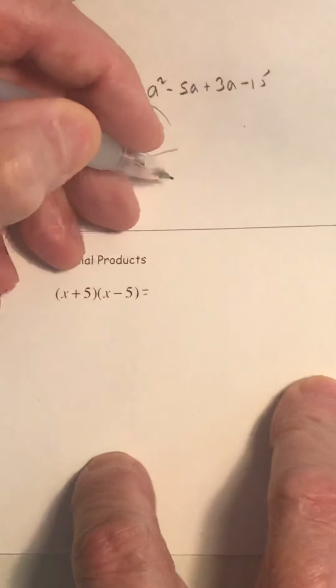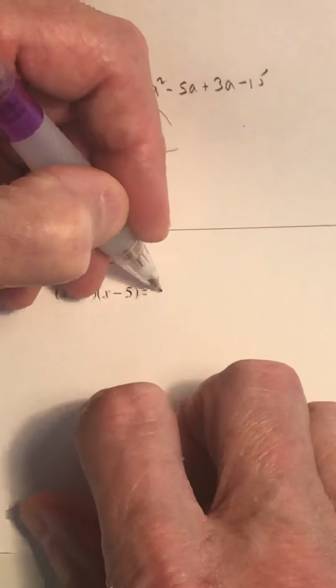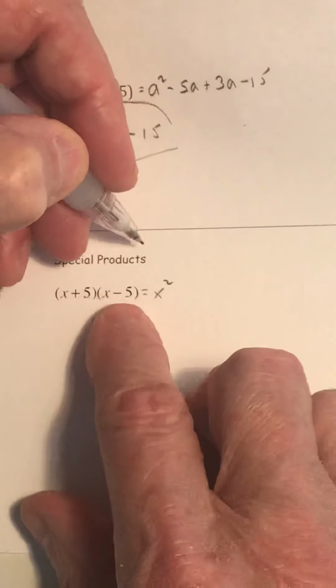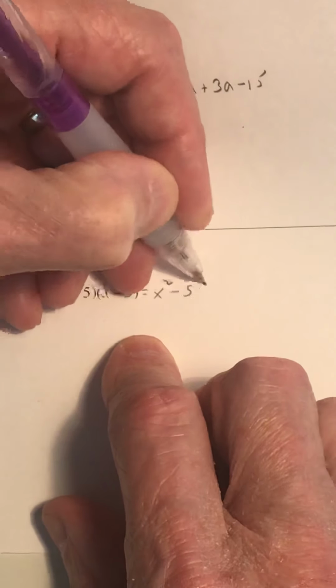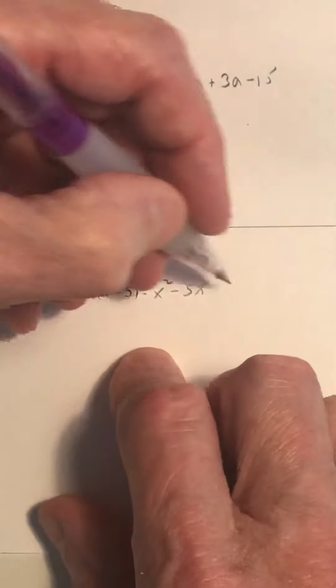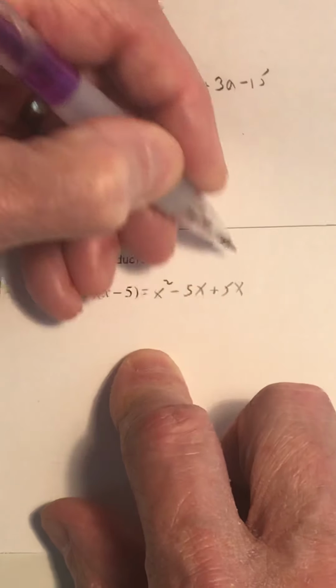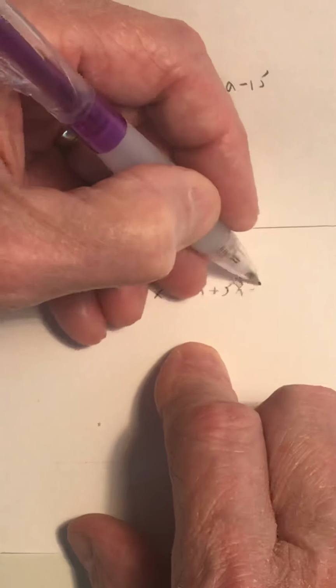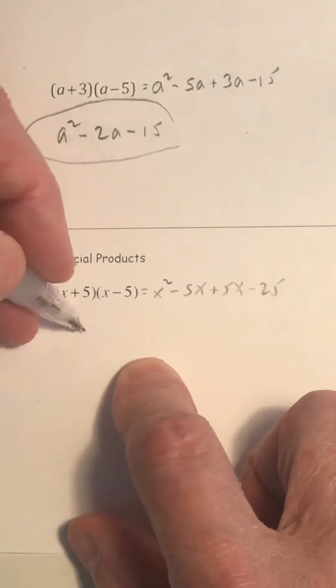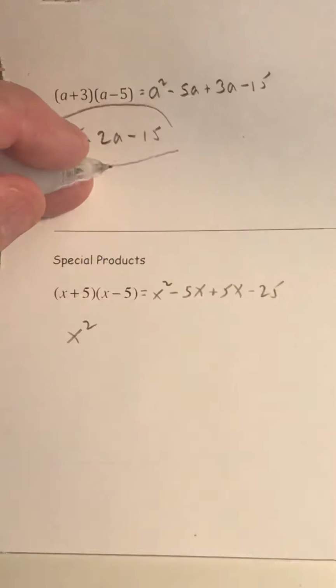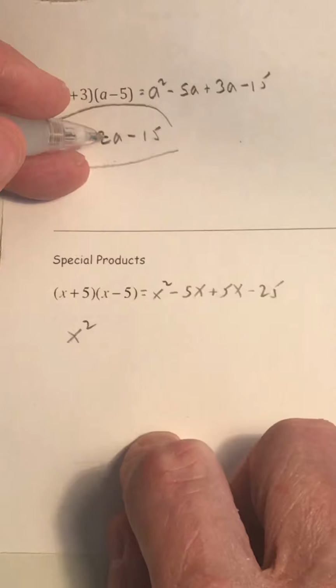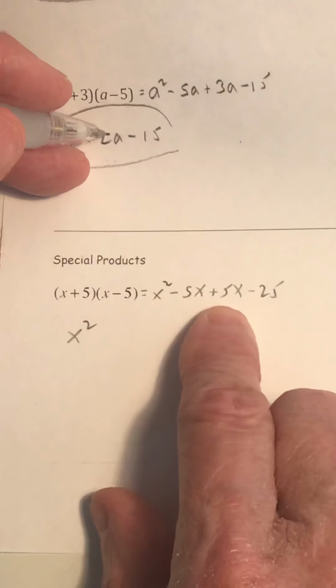As we go left to right, x times x, x squared, x times minus 5, minus 5x, then 5 times x, plus 5x, and 5 times minus 5, get minus 25. And what's the middle? Those cancel each other out.